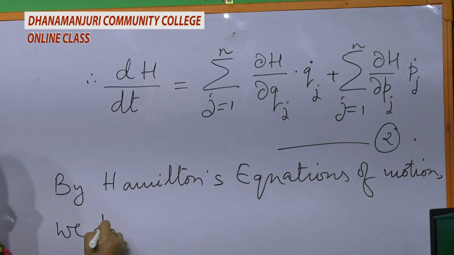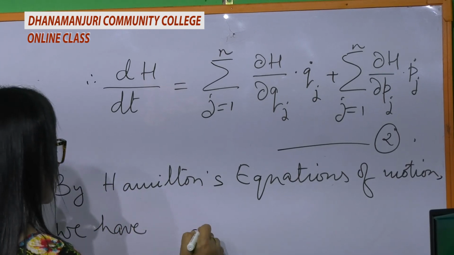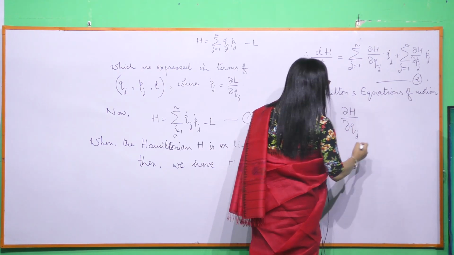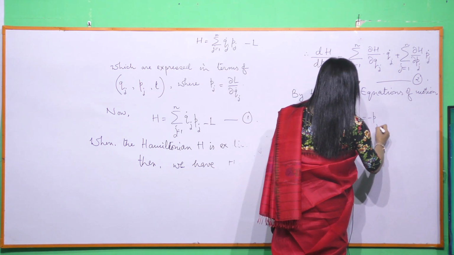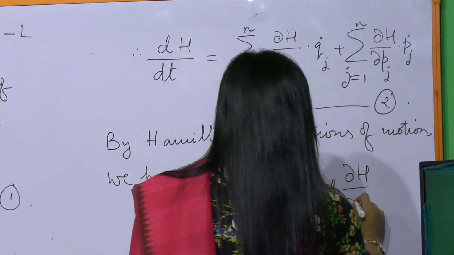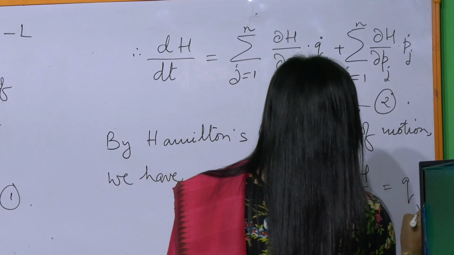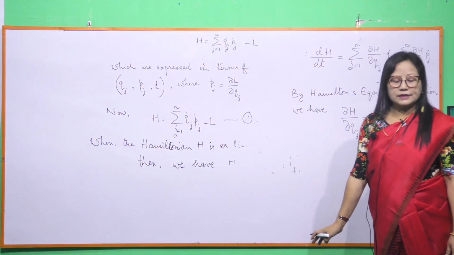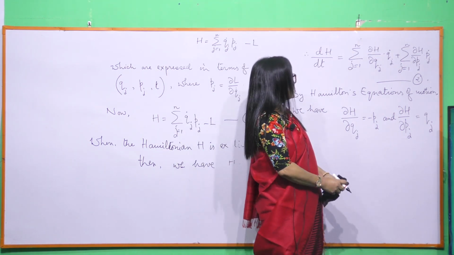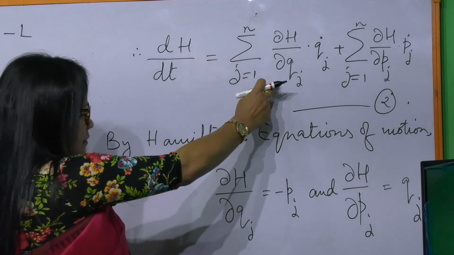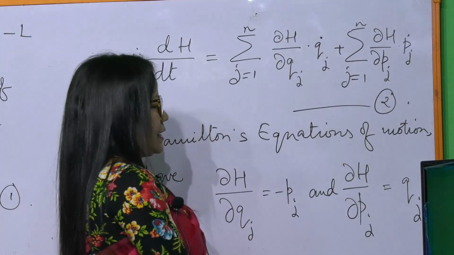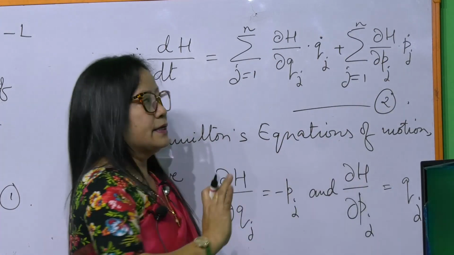We have del H by del qj is equal to minus pj dot and del H by del pj is equal to qj dot. I am sure you must be aware of all these equations from mechanics. So if I substitute the value of this del H by del qj here, it becomes minus pj dot, and again the same thing here, del H by del pj. If I use this equation, it can be substituted by qj dot.